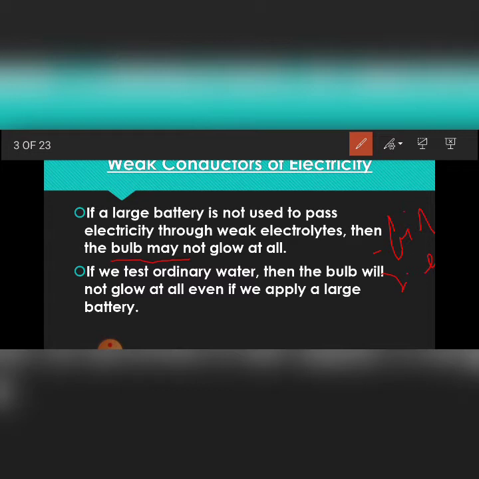If we test ordinary water, we know that ordinary water or tap water is also a conductor of electricity. It conducts electricity, but it is a weak electrolyte.